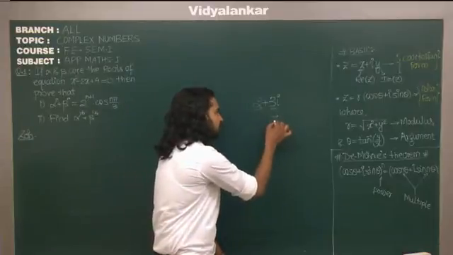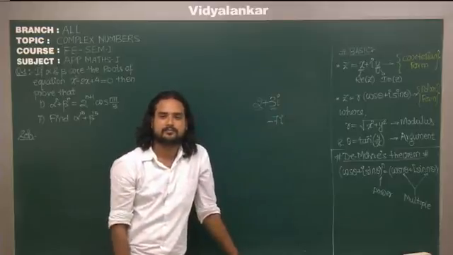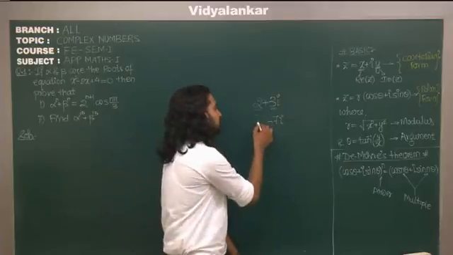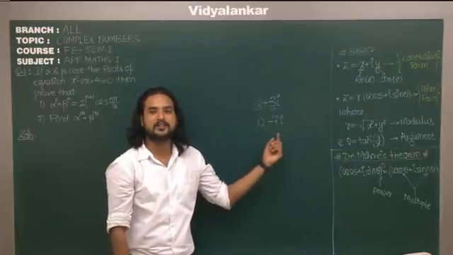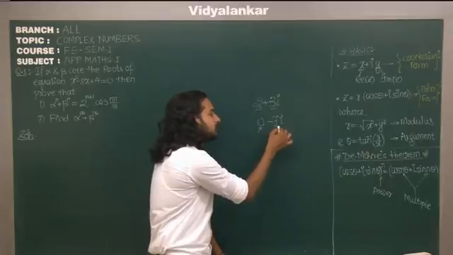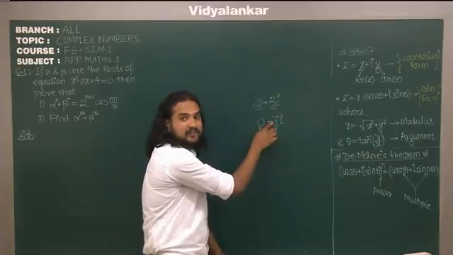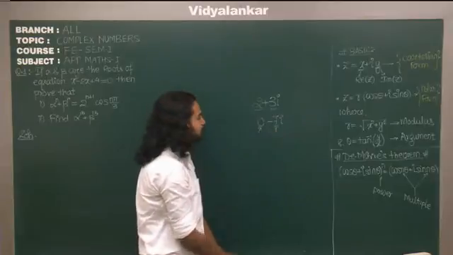If I ask you this, minus 7i, is this a complex number? Yes, obviously you can say this is a complex number. If I write 0 over there, it is again a plus bi form, where the real part is 0 and the imaginary part is minus 7. So that plus factor is adjusted over there.